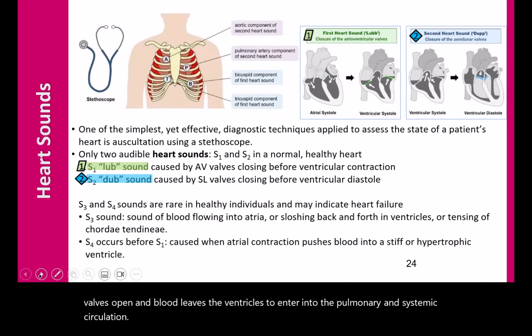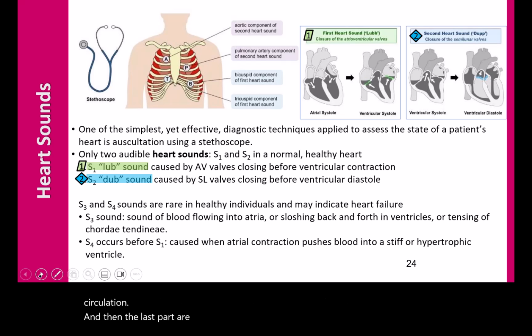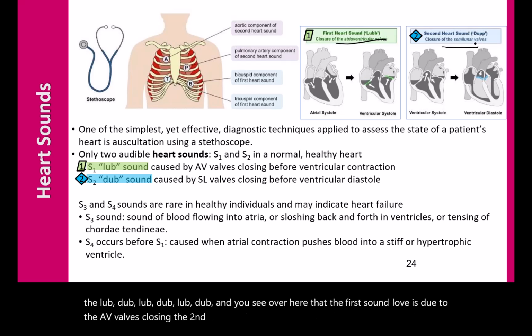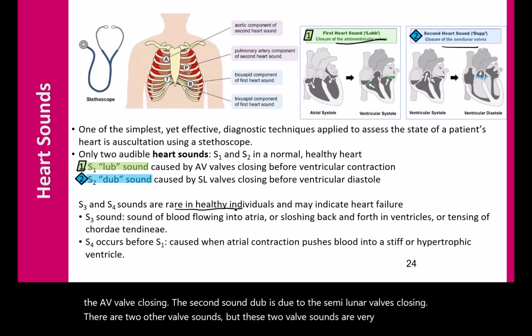And then the last part is the heart sounds, which I've covered before. So you've got the lub-dub, lub-dub, lub-dub. And you see over here that the first sound, lub, is due to the AV valves closing. The second sound, dub, is due to the semilunar valves closing. There are two other valve sounds, but these are very rare in healthy individuals.